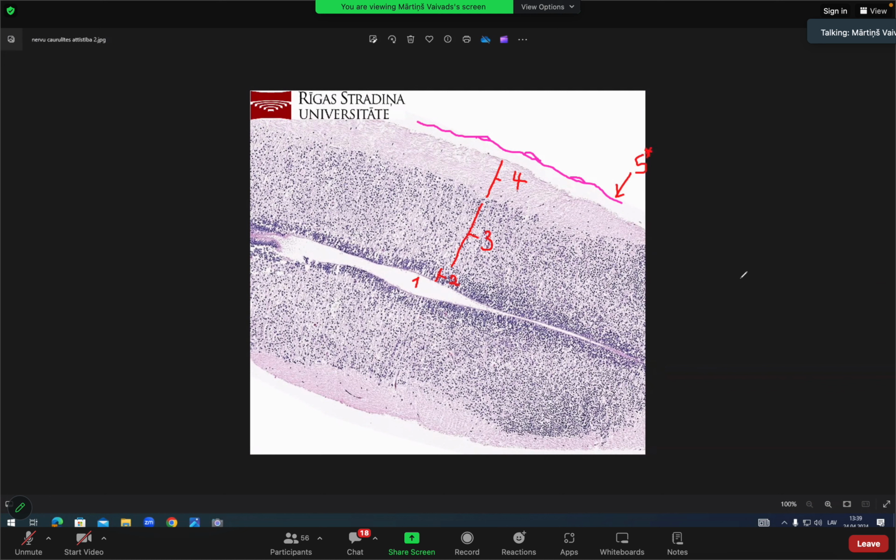Connective tissue on the outside that would surround the neural tube and later the spinal cord, pia mater. That's number 5. I will put an asterisk. It's not in the slide picture, but in slides it can appear. So pia mater can appear in slides.